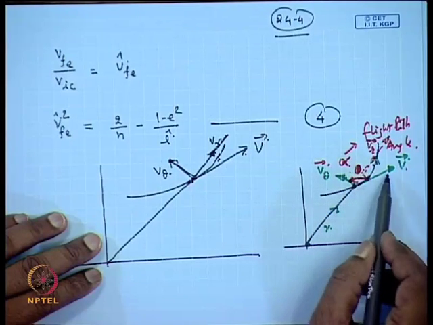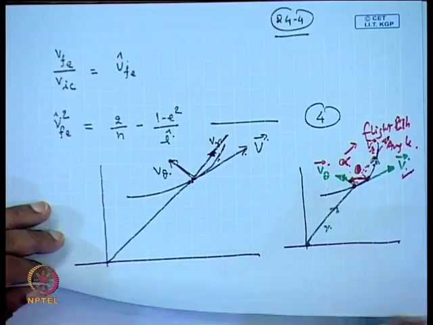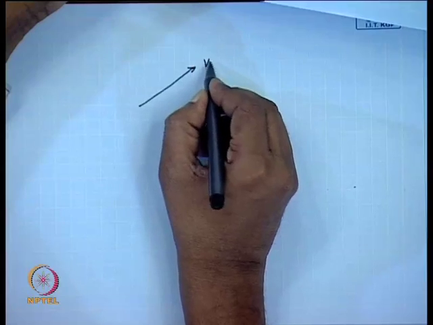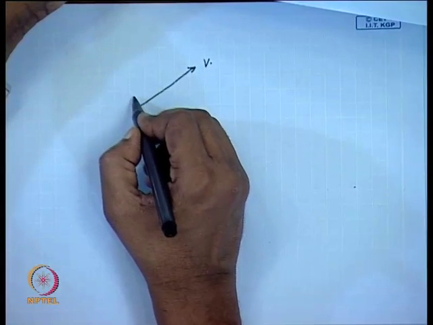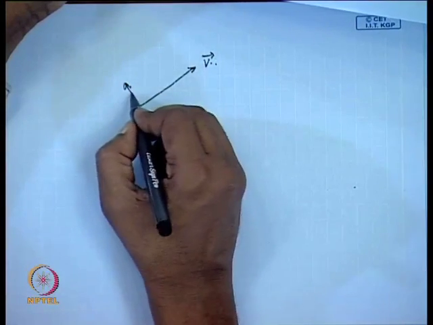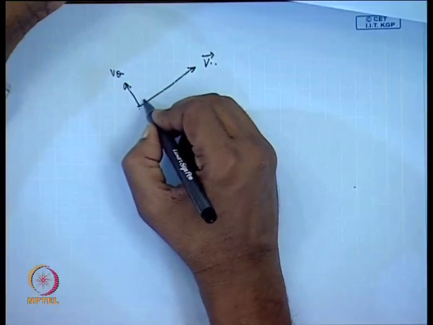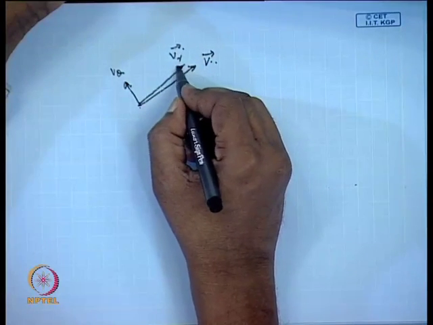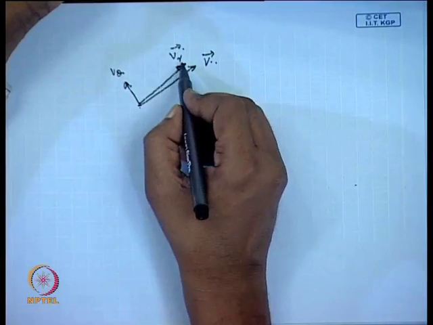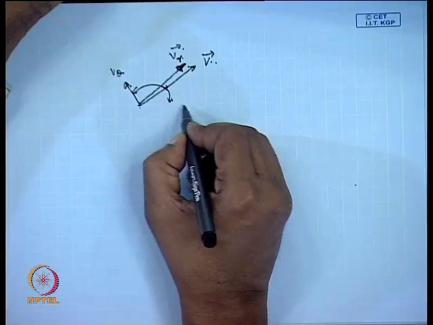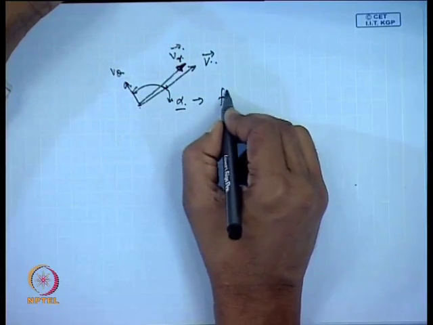The resultant of these two will be the velocity vector V, where V is the resultant of V r and V theta, and the angle from here to here we have shown as angle alpha, which is the flight path angle.